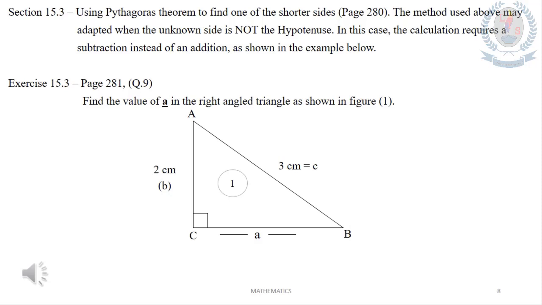In this case, the calculation requires a subtraction instead of an addition, as shown in the example below. Exercise 15.3, page 281, question 9. Find the value of a in the right angle triangle shown in figure 1.